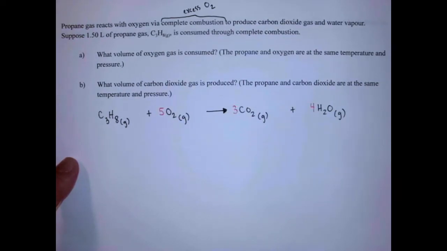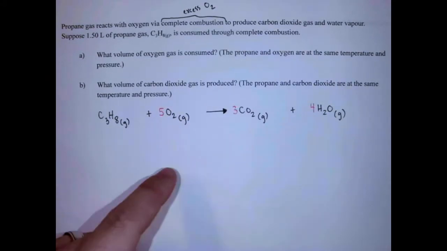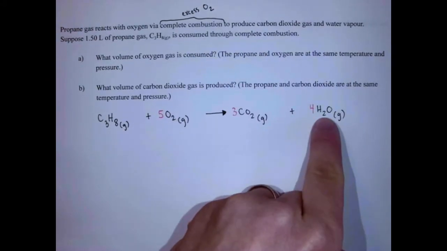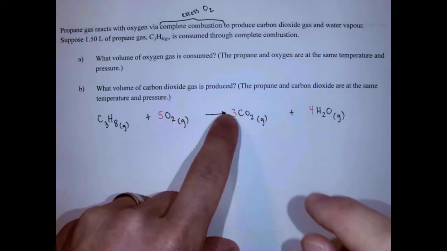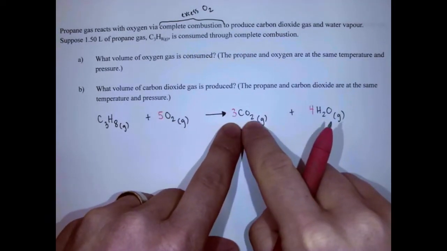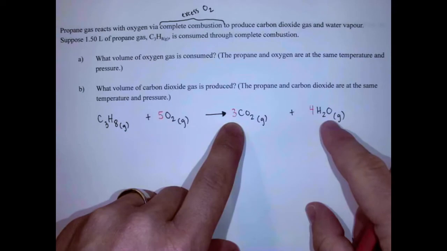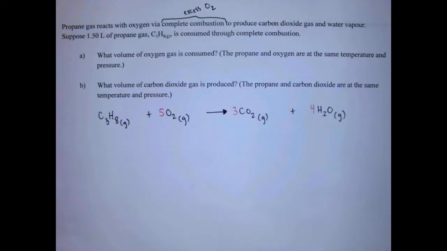Does that make sense? Yep, I think I got everything. 3 carbons, 8 hydrogens, 8 hydrogens, 10 oxygens. I get 6 oxygens from the carbon dioxide and 4 from the water, which adds up to 10 on the right. So this looks good to me. Okay, so I've balanced it.